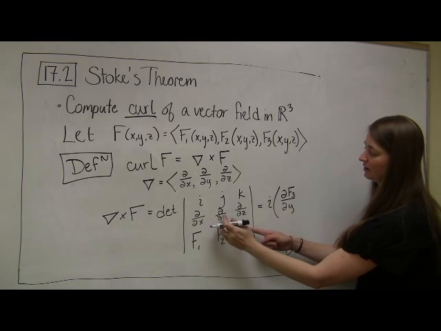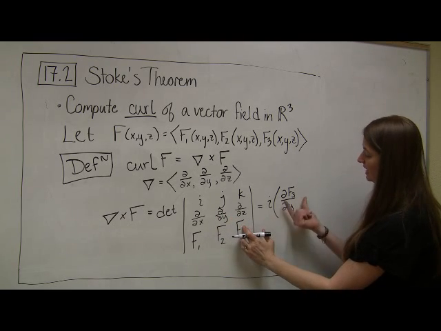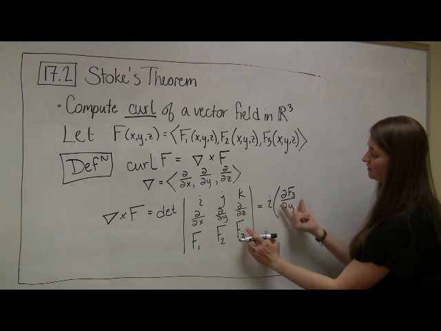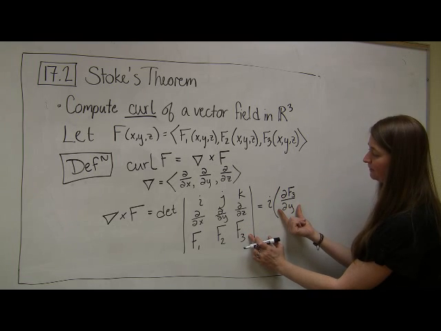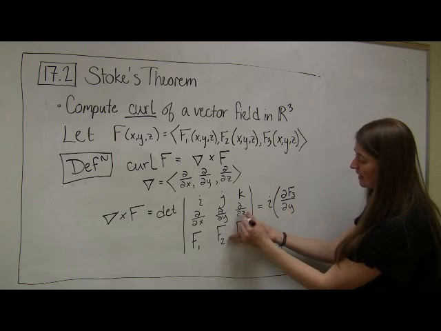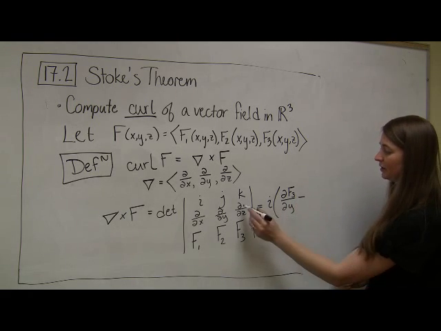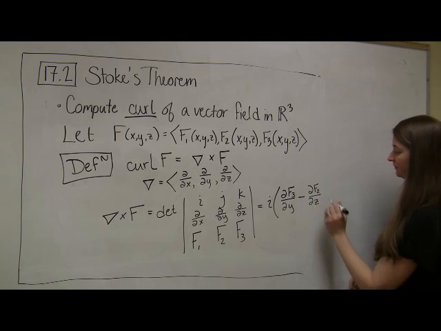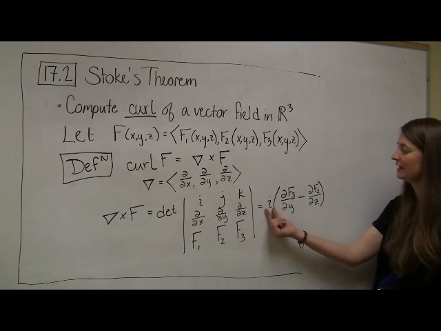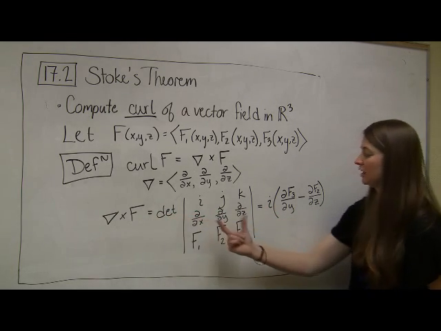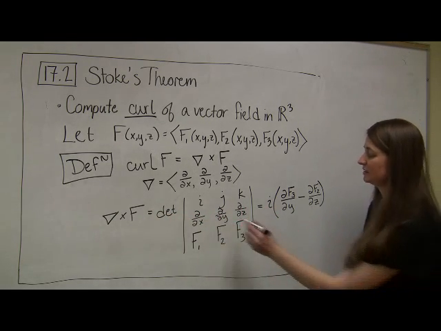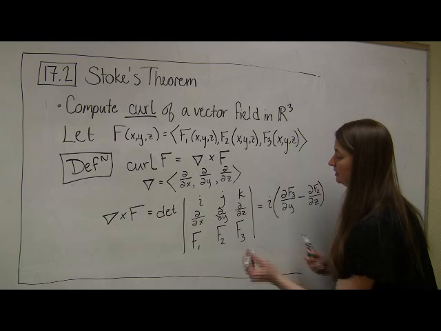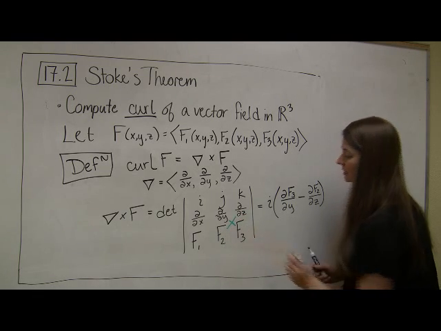I'm looking at this times this, and I'm notating that as the partial derivative of f3 with respect to y, minus this diagonal, which in this case is the partial derivative of f2 with respect to z. And that's my ith component of this cross product. This times this minus this times this.